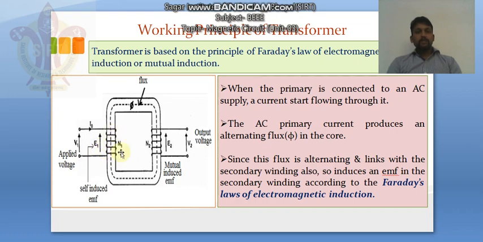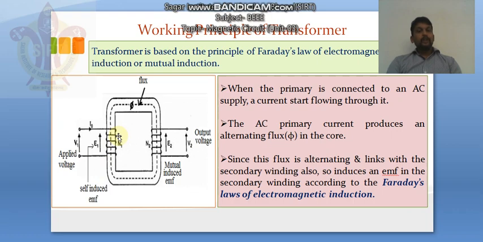Let's suppose this flux will be phi1. Here this coil has N1 number of turns. So due to electromagnetic induction principle, as you know that this applied voltage is AC, meaning sinusoidal, varying with time. So the flux produced by this AC voltage V1 is also sinusoidal in nature. It means that this flux is varying with time.